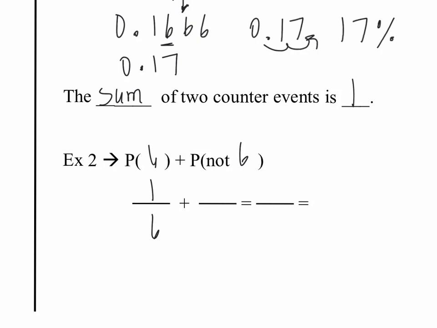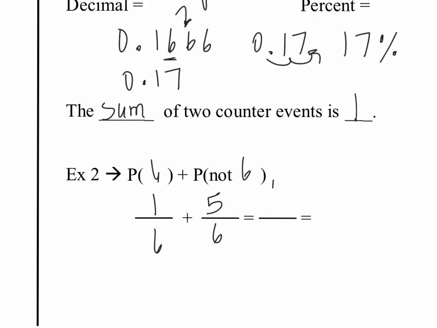The probability of not rolling a 6 would be 1, 2, 3, 4, 5, 5 out of 6. 6/6, which is equal to 1. So if you roll a die, you're going to roll a number 100% of the time, either 1, 2, 3, 4, 5, or 6.